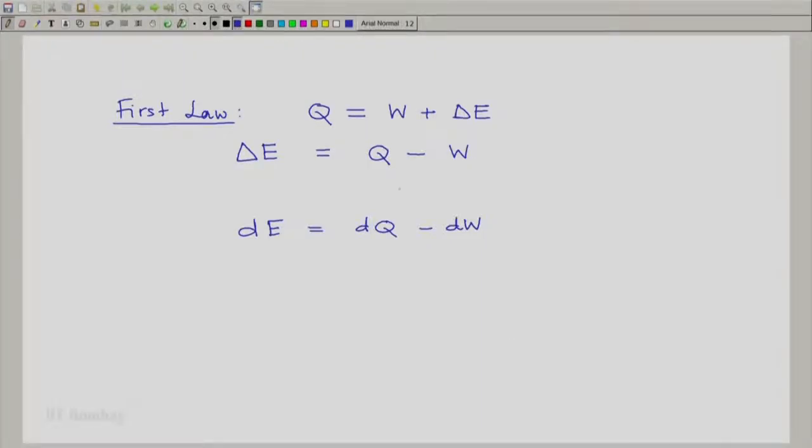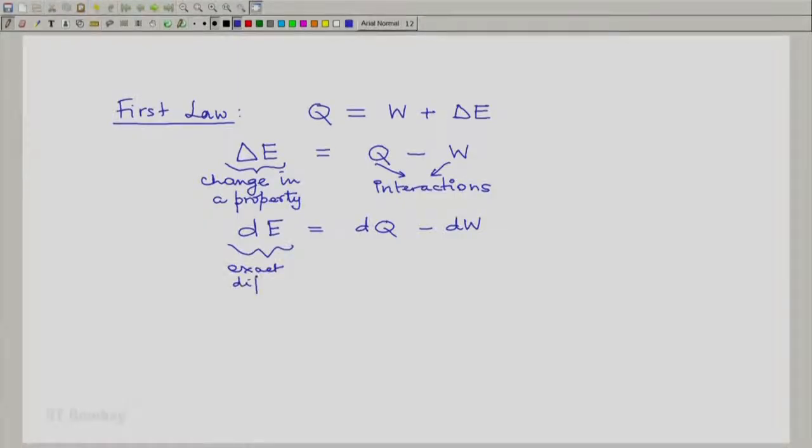It is important to note here that in this form, delta E is Q minus W, delta E is change in a property, whereas Q and W are both interactions. In the second form, which is a differential form, dE is an exact differential, whereas dQ and dW are both inexact differentials.